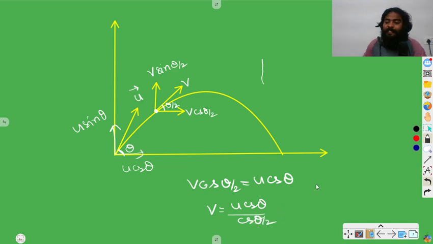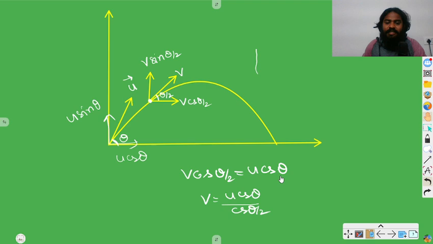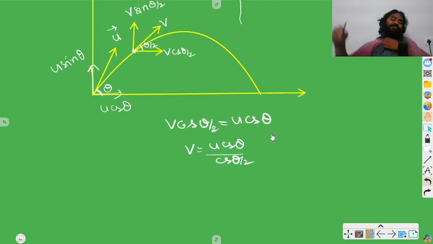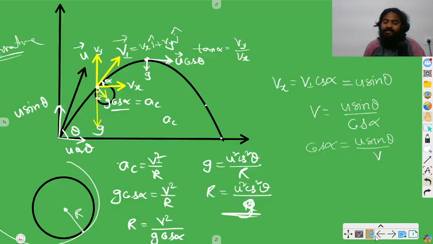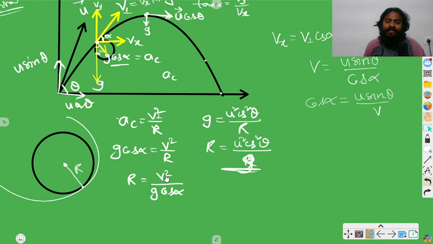So this is v. Now if you want to find the radius, just before we have taken one equation. What is the radius of curvature formula? R is equal to v square by g cos alpha.